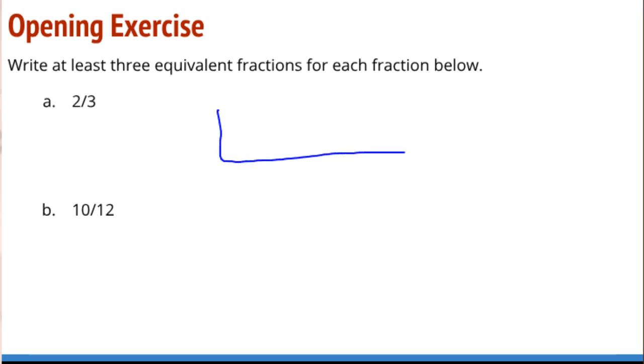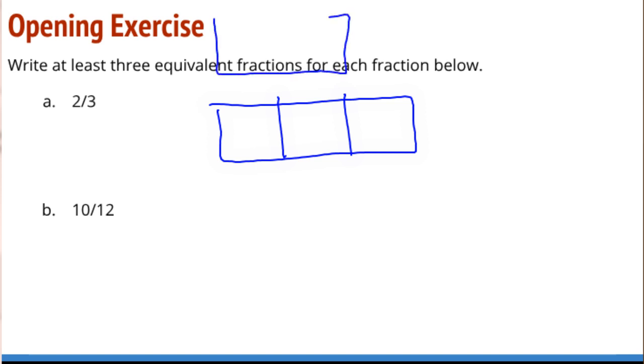And if I were to think of this as equivalent ratios, I've got 2 and I've got 3. And right now I've got a value of 1 in each of the units, and that would be 2/3. If I switch this to a value of 2, then I would have 4/6.